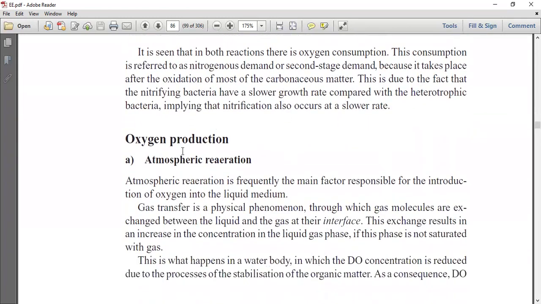Oxygen production. The first is atmospheric reaeration. Atmospheric reaeration is frequently the main factor responsible for the introduction of oxygen into the liquid medium. Gas transfer is a physical phenomenon through which gas molecules are exchanged between the liquid and the gas at their interface. This exchange results in an increase in the concentration in the liquid phase if this phase is not saturated with gas.